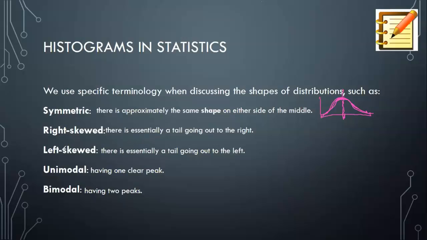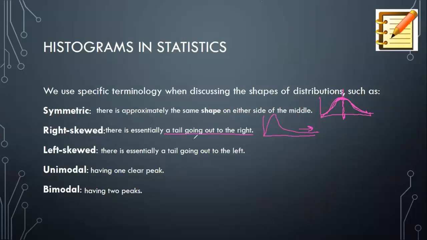Right skewed and left skewed, you might think that they refer to the highest bars. In reality, a right skewed histogram is when there is essentially a tail going out to the right, which means the peak happens on the left side and the tail goes toward the right.